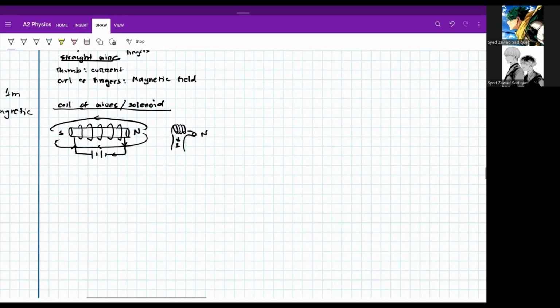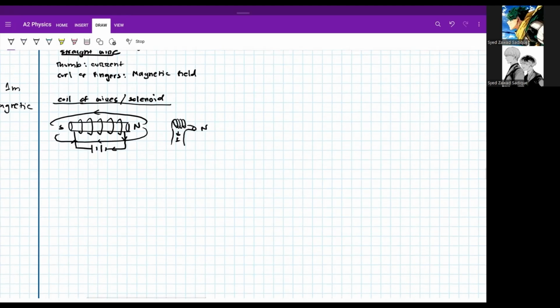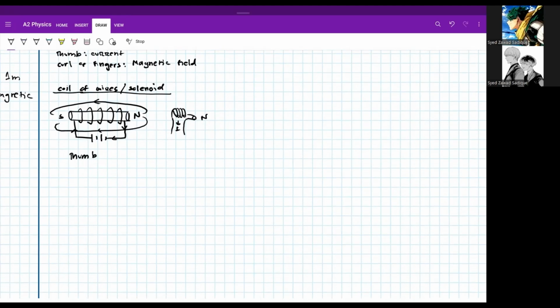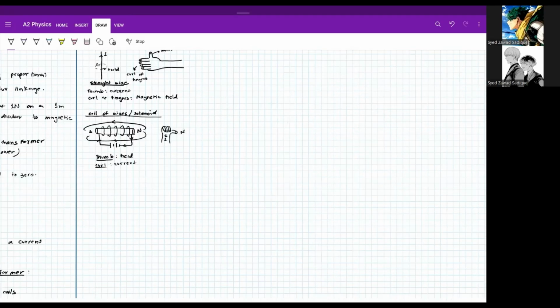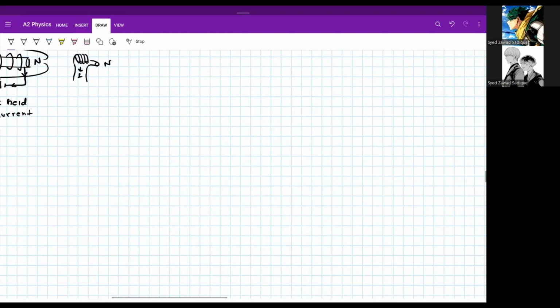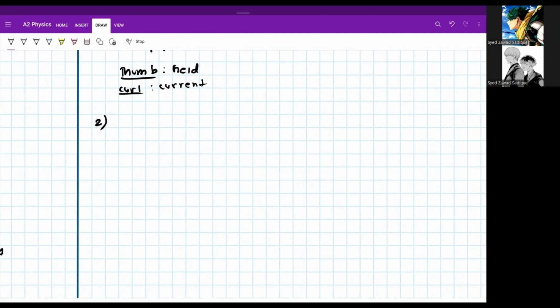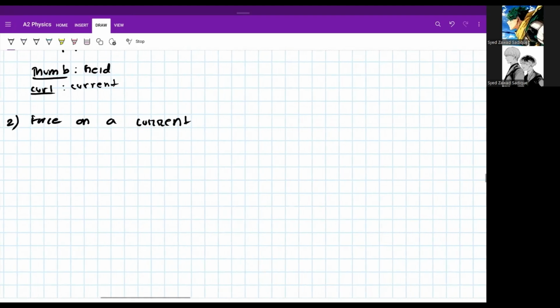For this one, your thumb is the field and the curl is the current. Okay. Concept number 2 is going to be force on a current carrying conductor.